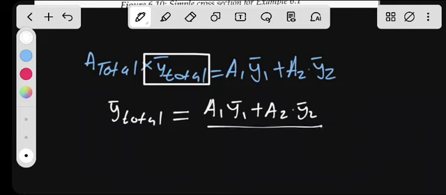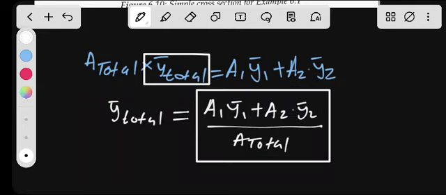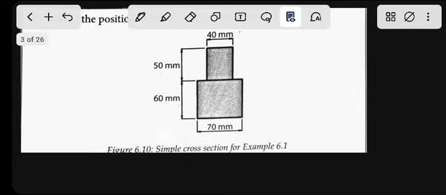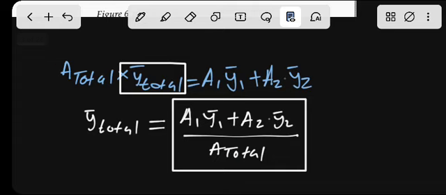The total area is just the sum of the two areas. This is the formula we can use if we are not given a single object. When you're given a single object, it's straightforward. Now we're given a combination, so we'll apply this. We'll need area 1, area 2, y1, y2, all that.